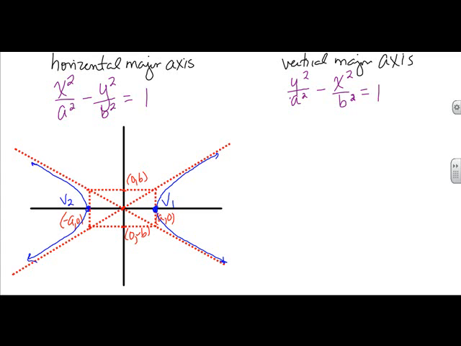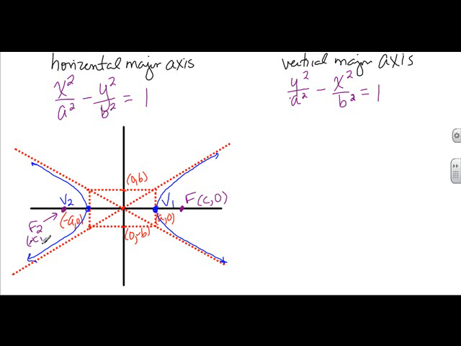So what have I forgotten to tell you? Foci. In every hyperbola, your foci are going to be c units away from the center point. The difference is that c this time is a length greater than a. So your curve's always going to curve around your focus points, at c, 0 and negative c, 0.